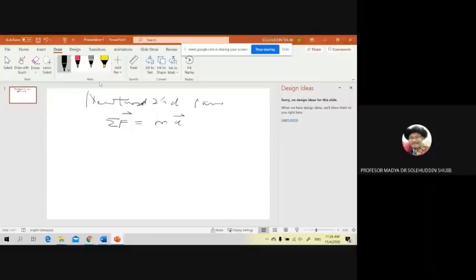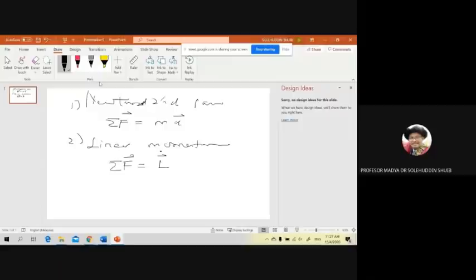And you also were introduced to number two: the concept of linear momentum. The concept of linear momentum is summation of force equal to L dot.